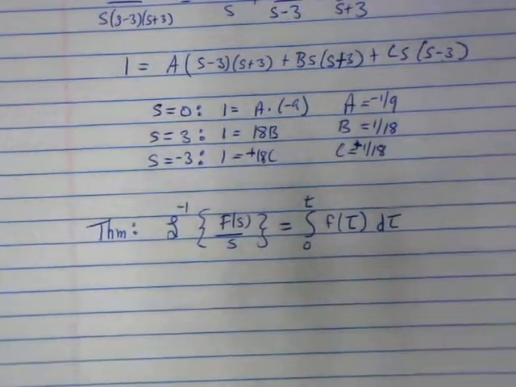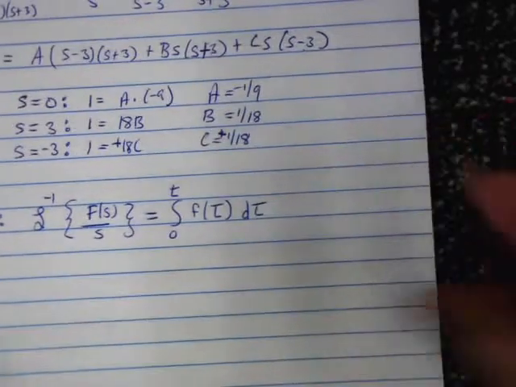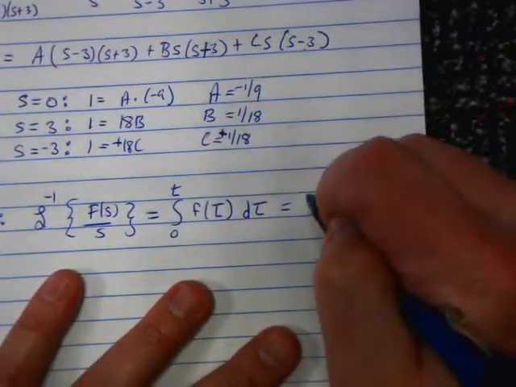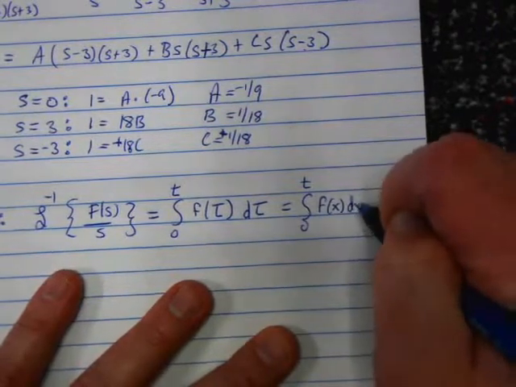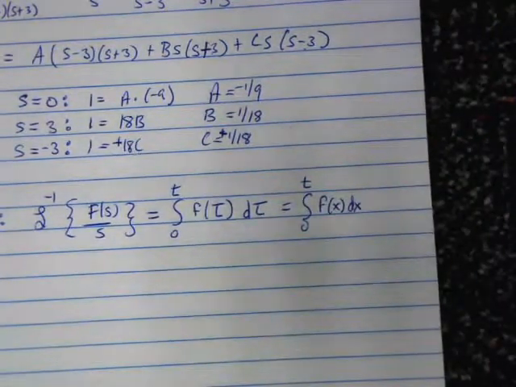So if you thought s's and 5s were confusing, how do you feel about t's and taus? All right, so I'm going to write this as the integral from 0 to t of f of x dx, so I don't confuse my t's and my taus.